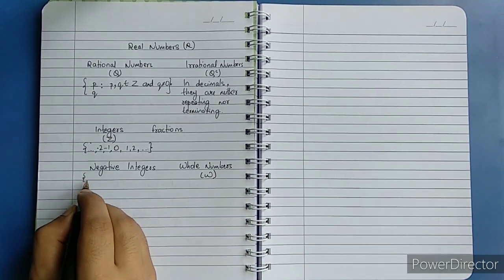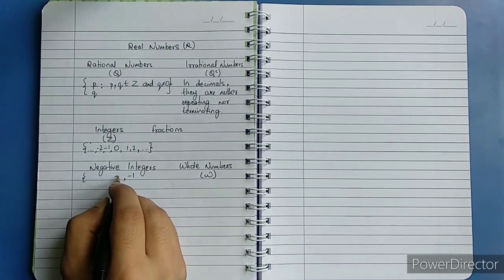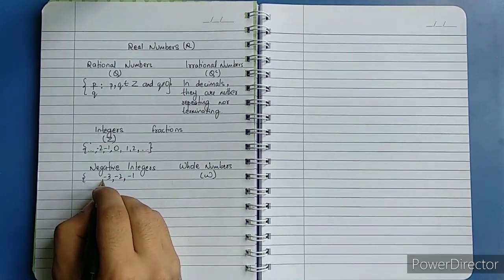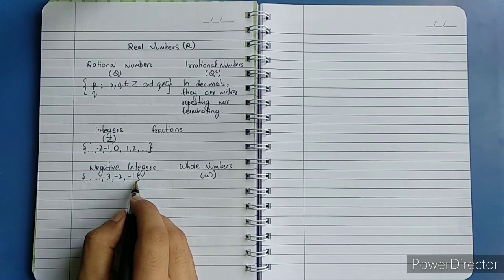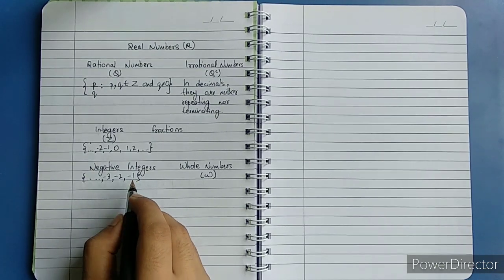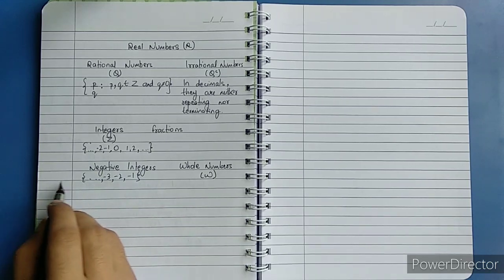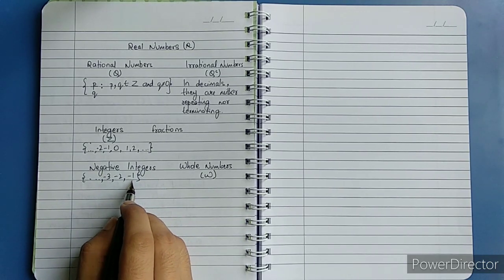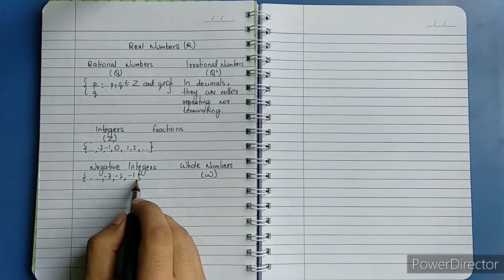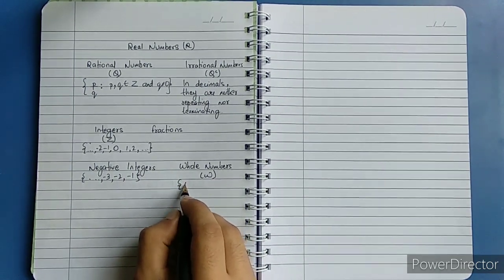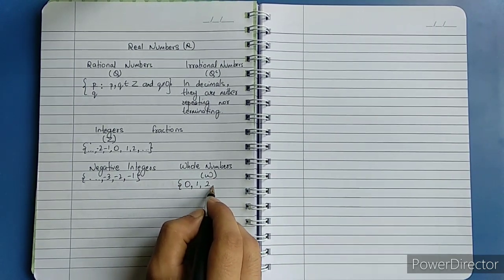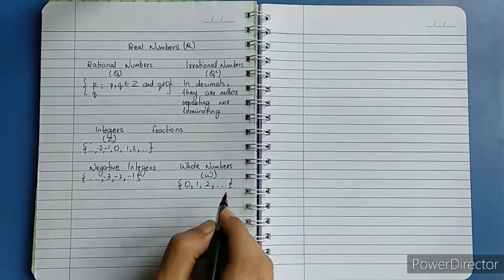Negative integers consist of the set of -1, -2, -3 and so on. The reason I am writing -1 at the rightmost portion is because -1 is the largest of all the negative integers. The one that is on the right side is bigger and the one on the left side is smaller. And whole numbers begin with 0 or 1, 2 and so on.